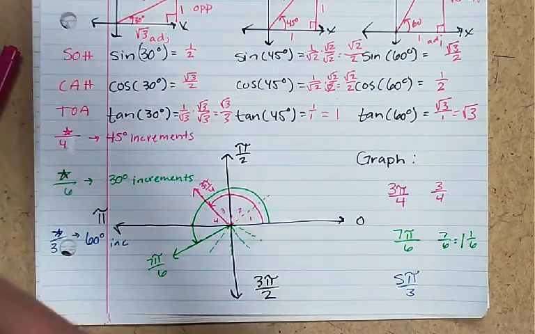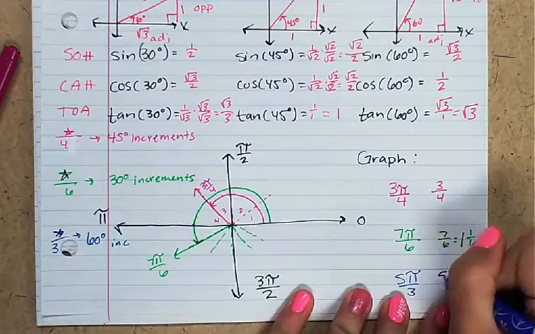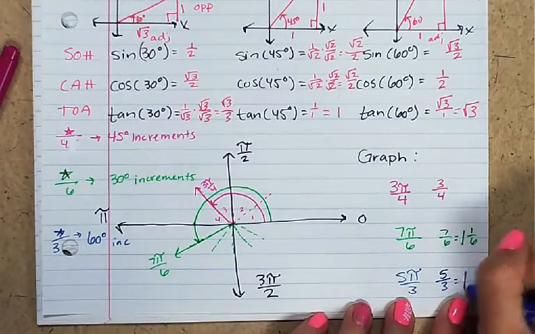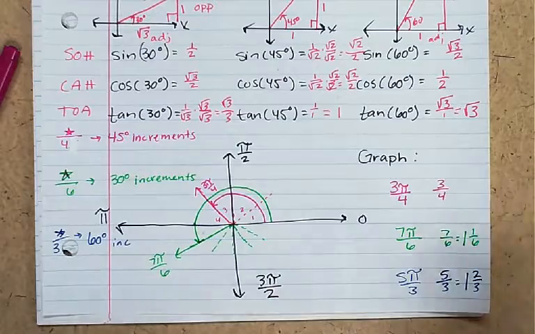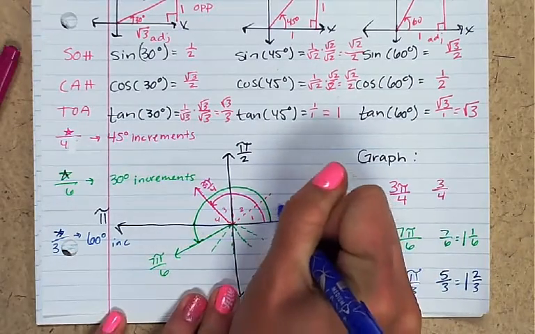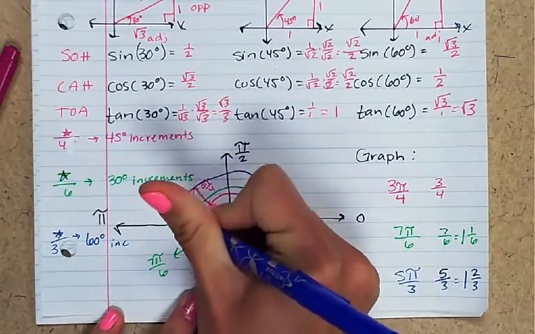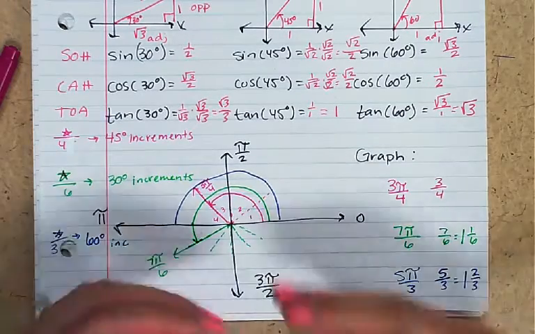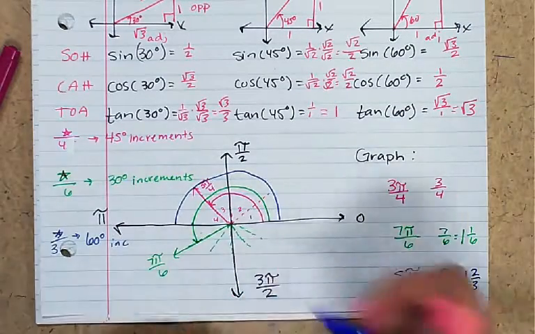The last one, 5 pi over 3. So if we look at the fraction 5/3, that's 1 2/3. So I have enough to get all the way here to pi, or 180 degrees, because we have 1. Now we need 2/3 from down here.